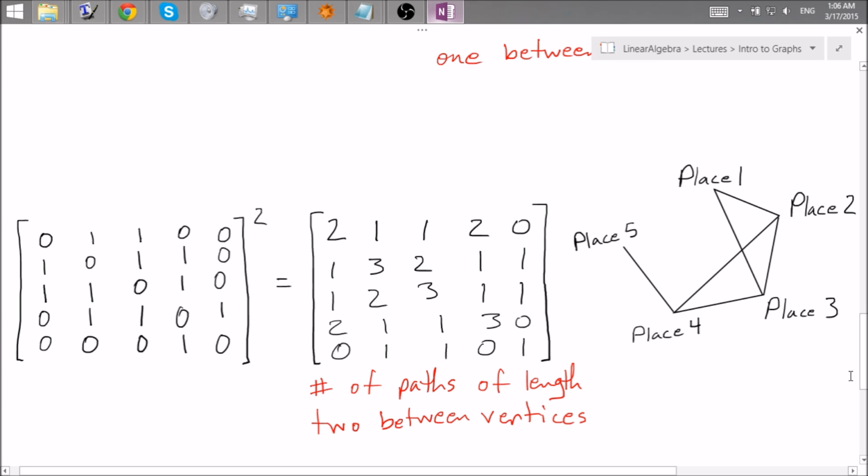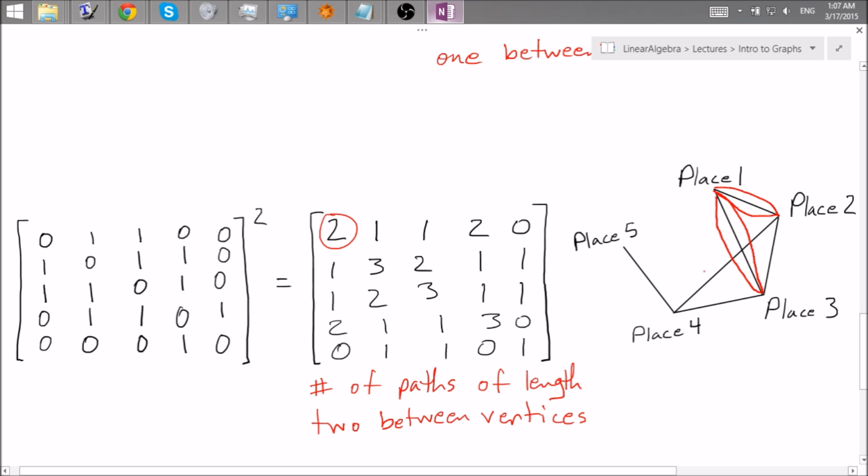This is the square of the adjacency matrix, and if I look at this 2 right here, that's telling us that we can get from place 1 back to place 1 using a path of length 2, and I can do it in 2 different ways. So I could go down this edge and then back up that same edge, or I could go down this edge to place 3 and back to place 1.